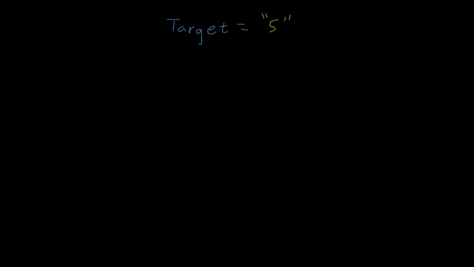So the target number is 5. What you do is you start adding positive terms until the partial sum goes above 5.